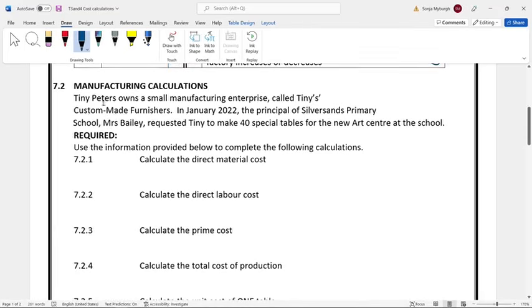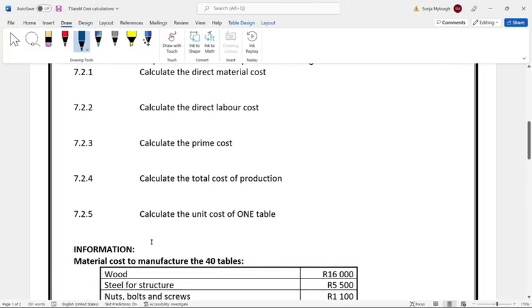7.2, Tiny Peters owns a small manufacturing enterprise called Tiny's Custom Made Furnishers. Then in January 2022, the principal of Silver Sands Primary School requested Tiny to make 40 special tables for the new art center. So we know we are making 40 tables, and we have to do some calculations.